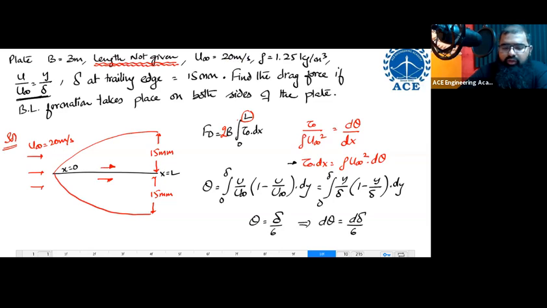So rho A into v square. Now I'm having over here tau naught into dx has to be equal to rho u infinity square into d delta divided by 6. This is what I'm having.